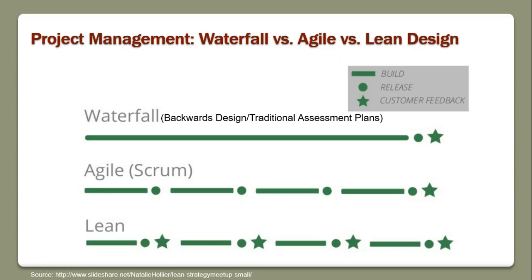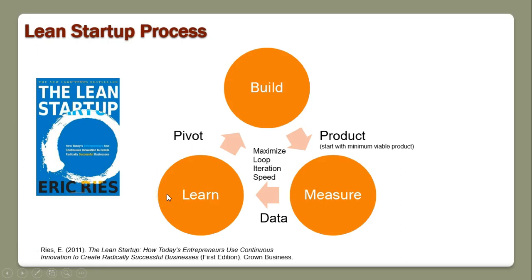You might spend 3 years designing a new program to serve men, and then you launch it, and then you get feedback, and then in another 3 years you revise it. Whereas with Agile, you might slowly release new parts of the program each week. But the idea behind Lean is you would maybe once a month make major modifications to the program and iterate until you get a good program, and then you can stabilize it. And that's the idea behind this Lean Startup.